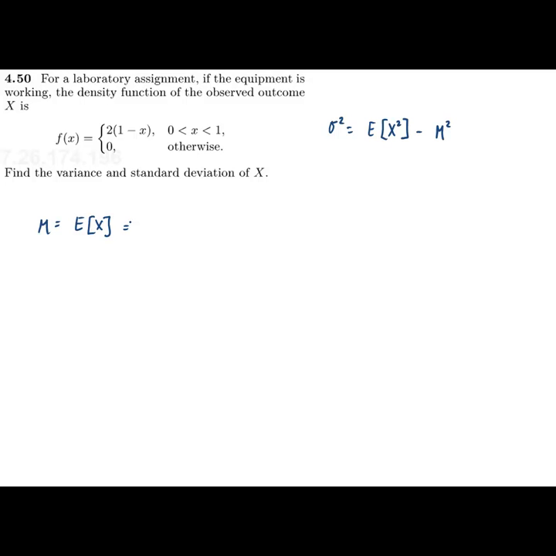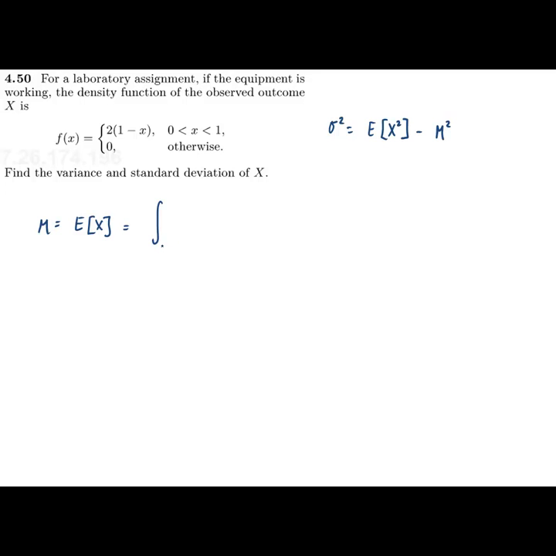So mu equals E of x. And how do you find the mean for a continuous random variable? Correct. It's the integration of x times f of x. And remember, this is for continuous, but for a discrete case, you need to look at the sum.